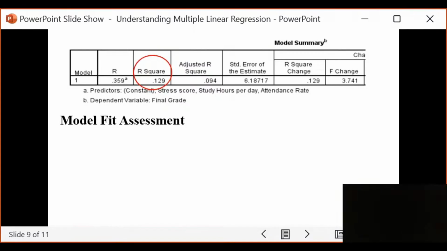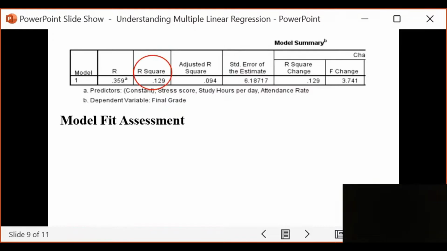Dito naman, tatanungin natin kung ilan ang kaya niyang i-account. How many percent of the variation in the final grade the three variables can account for. Okay? So as you can see on the table, we have here the R squared value, naka-encircle ng red. This is 0.129.